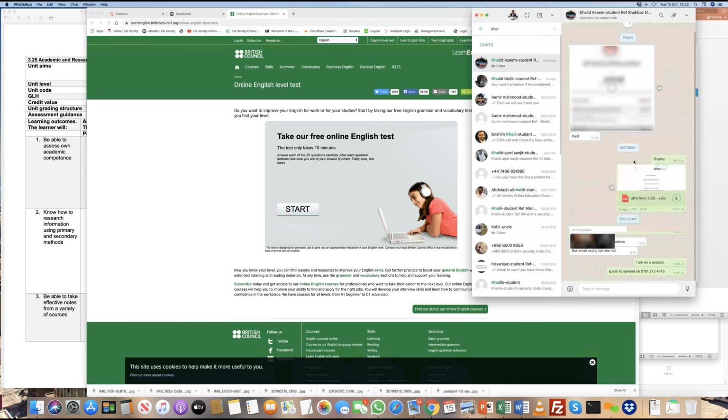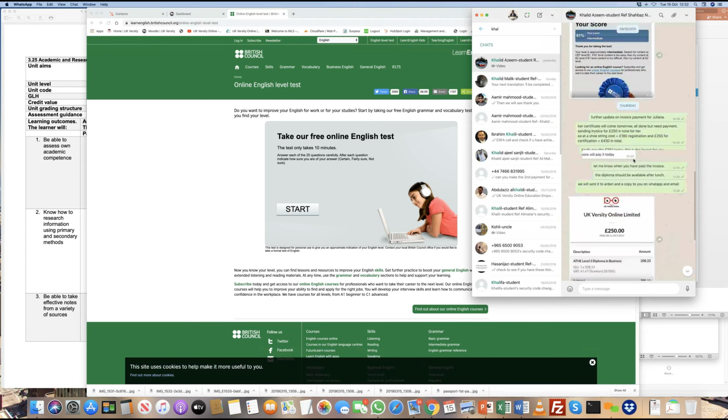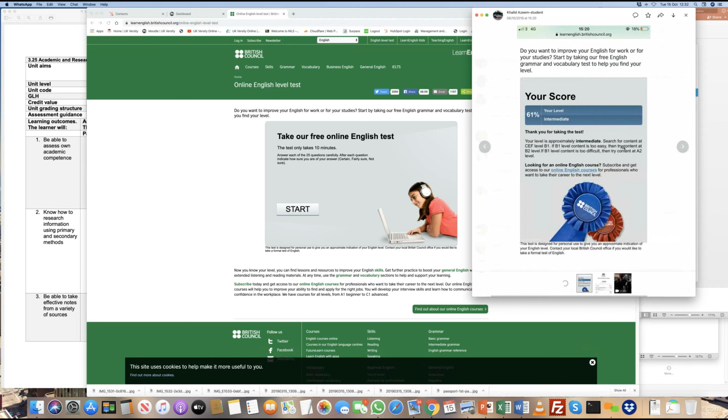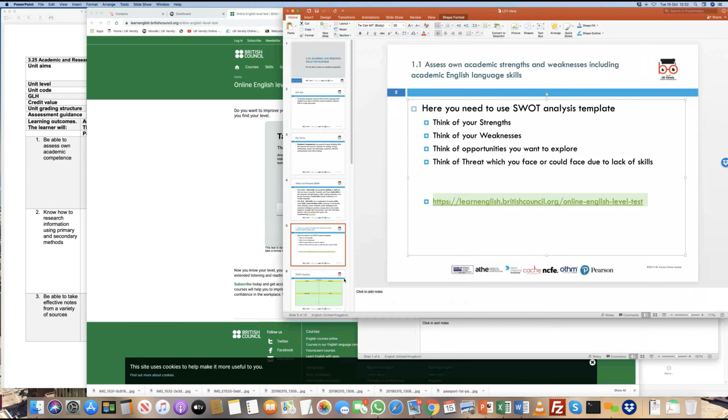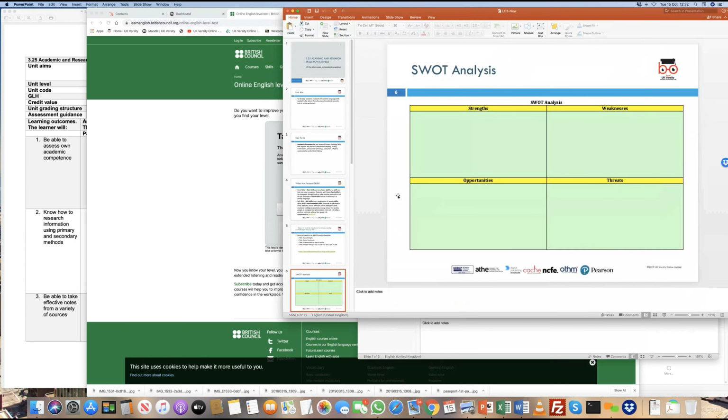This will then help you to populate your strengths and weaknesses regarding your English language skills into this particular SWOT analysis.